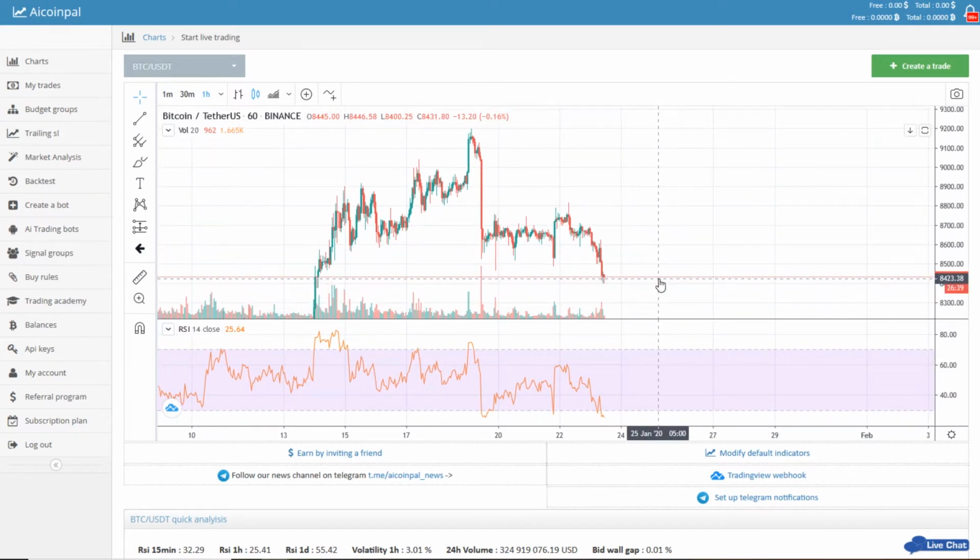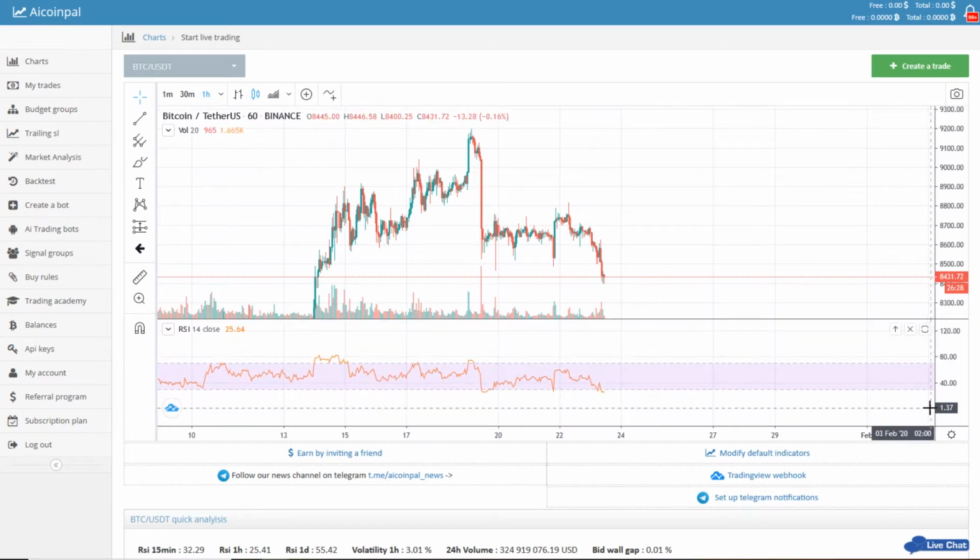The idea is that it is an oscillator. It bounces from 0 to 100. It has 120, but it's basically from 0 to 100 only.